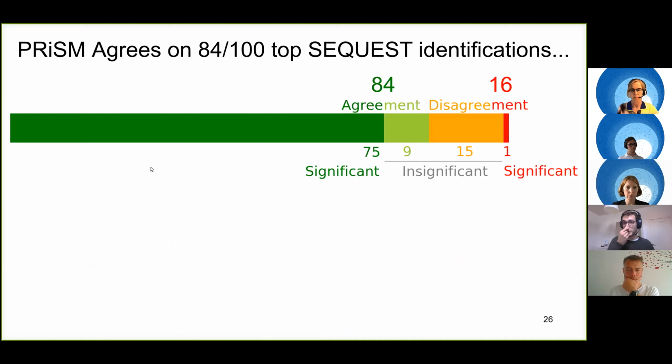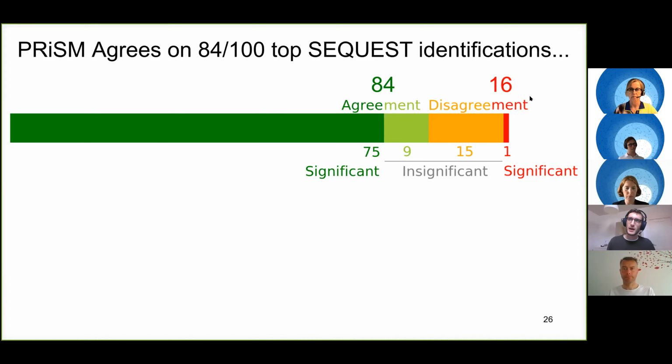Now, does it work? Have we tried it? Yes, we have tried it. So we took 100 spectra that were easily identifiable with Sequest. That's a well-established search engine. And it turns out Prism can agree with 84 of those. Now that sounds good, but not great, right? 84%.